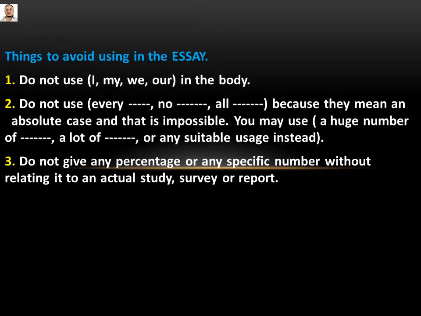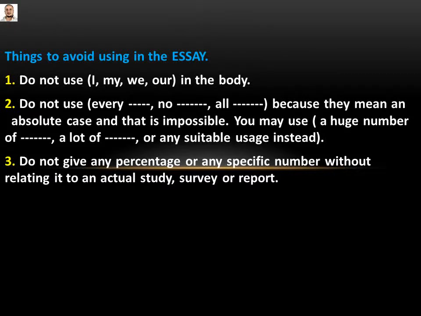But before that, we have things to avoid using in the essay. Number one, do not use I, my, we, our in the body. Why? Because you shouldn't talk about yourself or your friends while giving examples. Number two, do not use every, no, all, because they give an absolute case, and that is impossible.